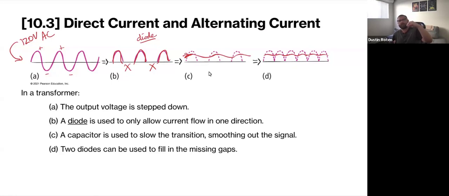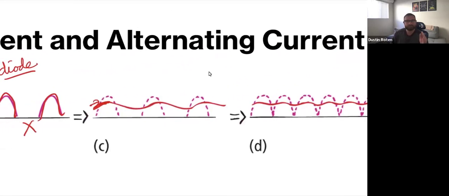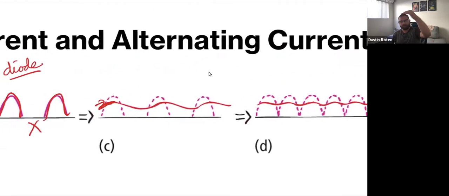It doesn't hit the peak anymore because the input switches to negative or starts decreasing before the capacitor has time to fully charge. So as this goes up, before it can reach its maximum peak, it's going to start going down again.